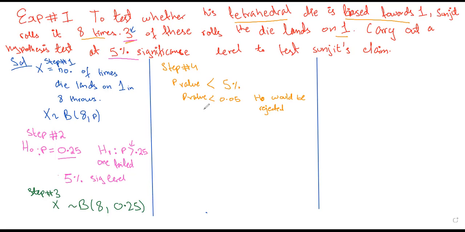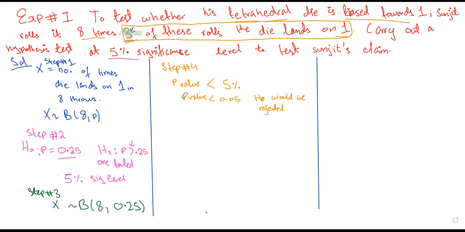Now it's time to talk about p value, because the next thing is to find p value. Okay, now here some extra information is given which was not given in the previous part, and this information is right here, which you were using somewhere else, but now it would be used. Okay, so this part: in 3 of these rolls the die lands on 1.